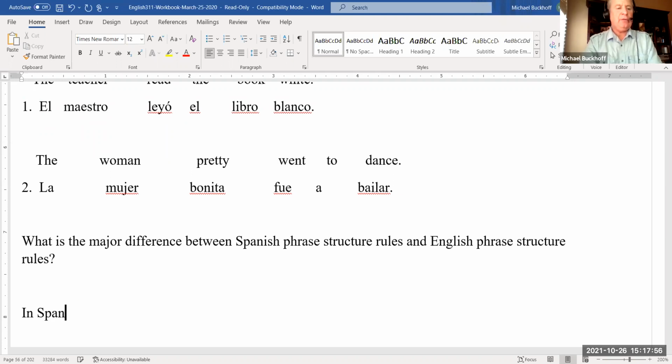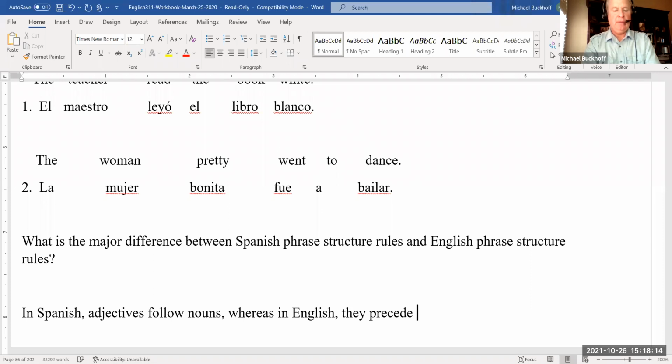in Spanish, adjectives follow nouns, and then you want to say whereas in English, they precede nouns, something like that, right?